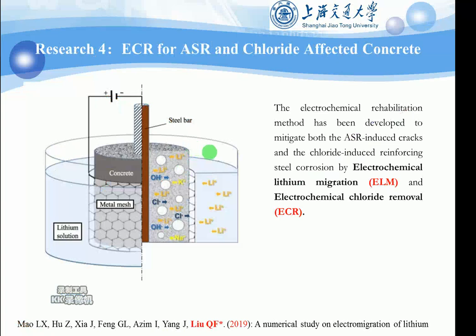So considering most of the issues mentioned in the above studies, multi-species coupling, interfacial transition zone, bonding effect, and ECR, we came to this work, which is exactly the one mentioned in the paper title. Knowing that the ECR treatment may cause alkali silica reaction due to rising pH near the cathode, in this study the electrochemical rehabilitation method is further developed to mitigate both the ASR-induced cracks and the chloride-induced corrosion by electrochemical lithium migration and electrochemical chloride removal.